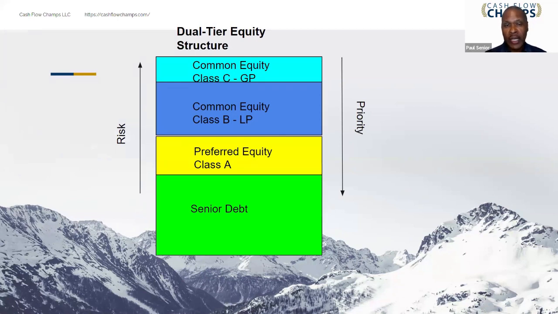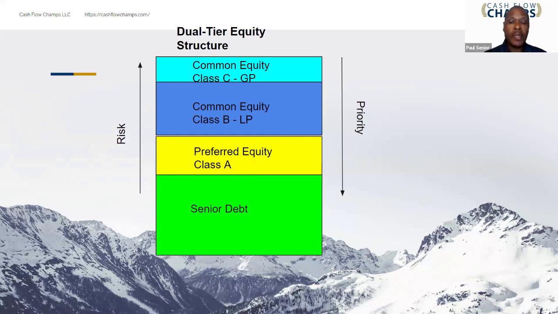The reason there is no participation on the upside for the Class A investors is their preferred equity position. These investors are in a lower risk position, since they're only subordinate to the senior debt. So once the senior debt gets paid, it will be that pref equity class, and so their protection is pretty strong right there.